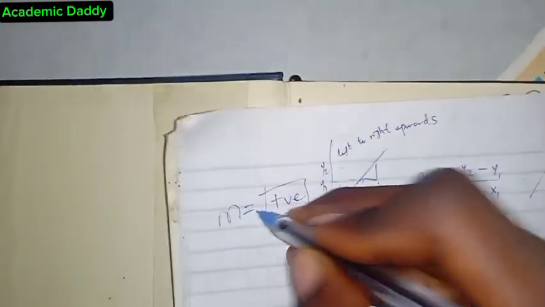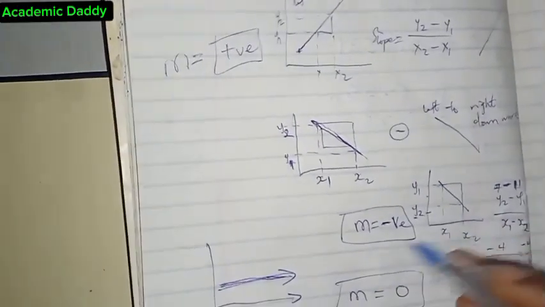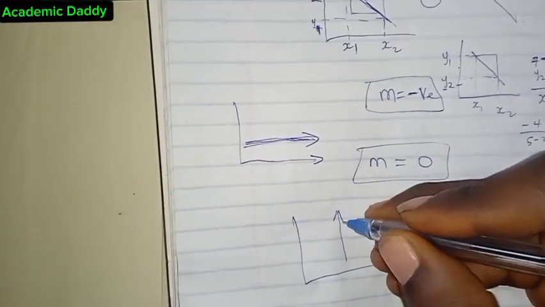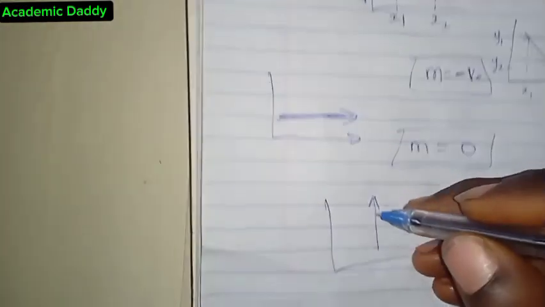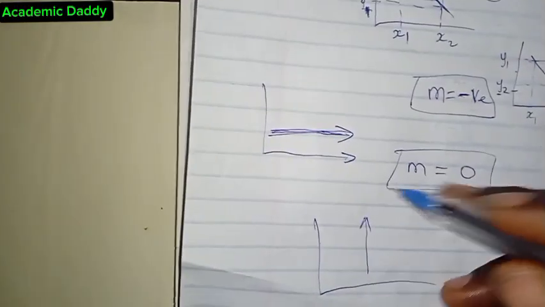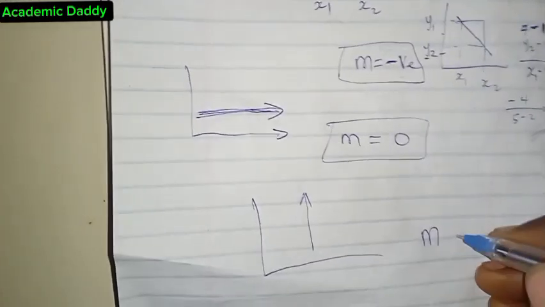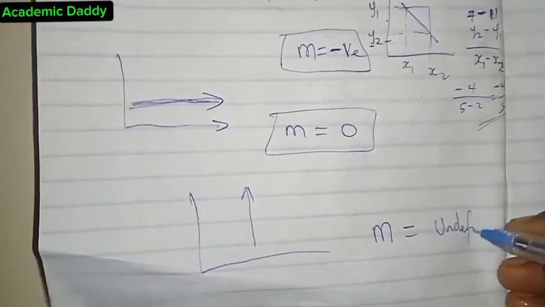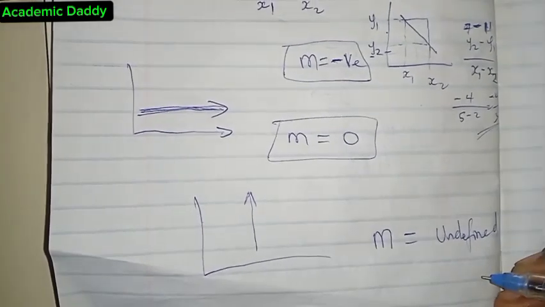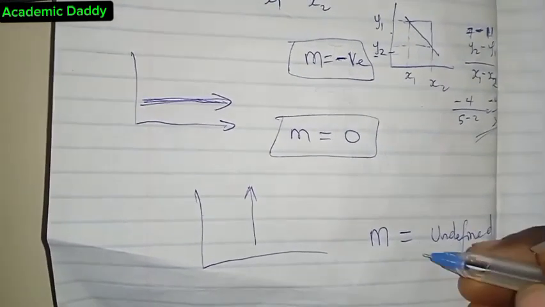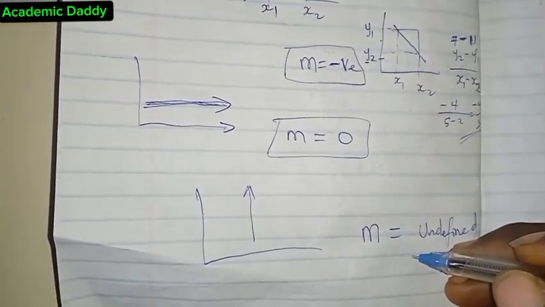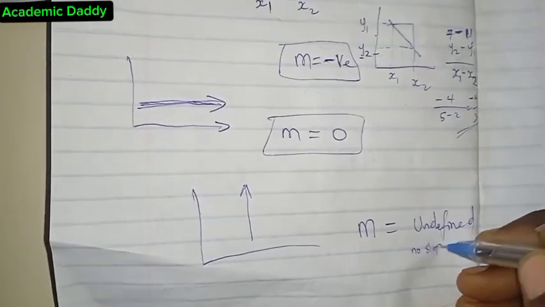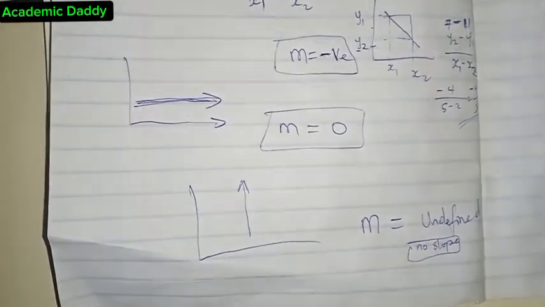Slope is represented with M. Now, if the line of best fit is in this direction, so it's pointing towards the vertical axis, we say that slope M is equals to undefined. Say that slope is undefined, or we say that it has no slope. So you need to know this.